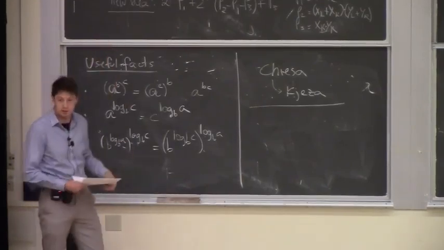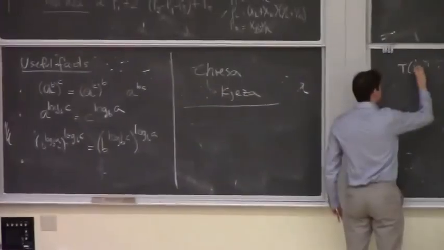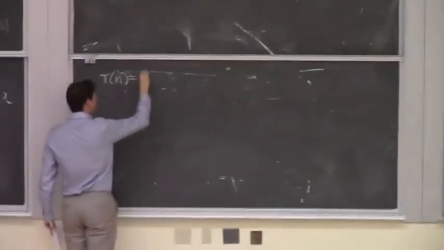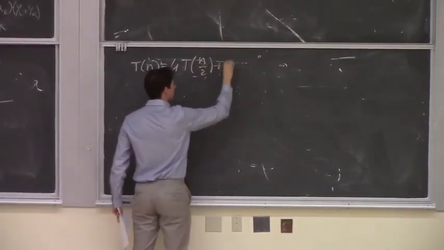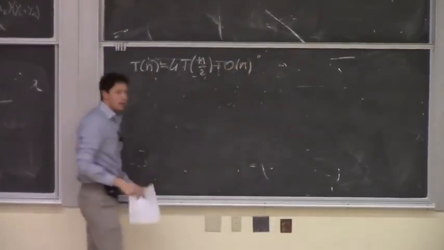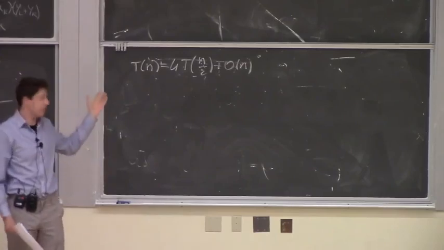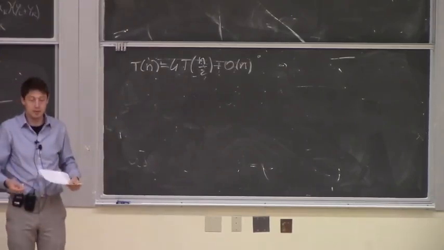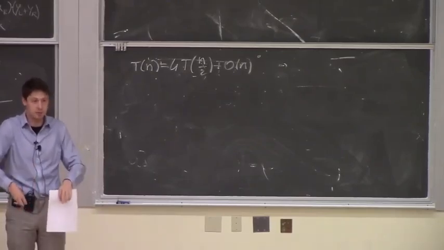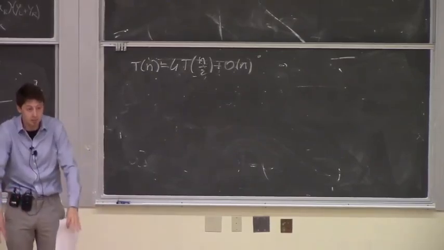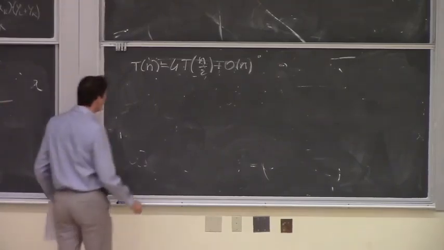Whenever you write T of n is, say, 4 times T of n over 2 plus order of n, in your mind you should think about some tree, because this represents a recursion. You start at some node, you have subproblems, these subproblems have their own subproblems, so it's one big tree until you hit the bottom.